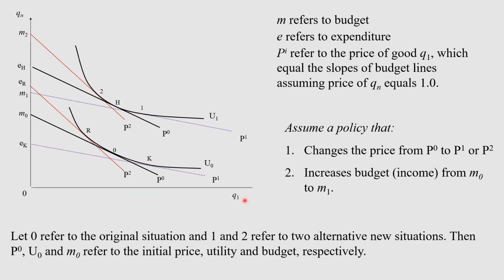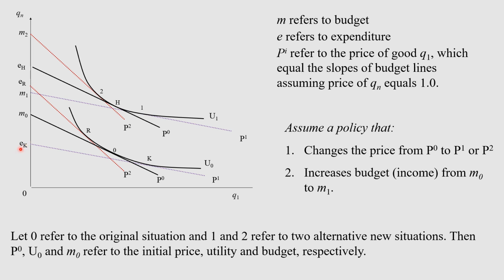All right. So how does that work? Let me just be clear. M's refer to the amount of budget that the person has. So we're increasing that budget from M0 to M1. The E refers to expenditure.